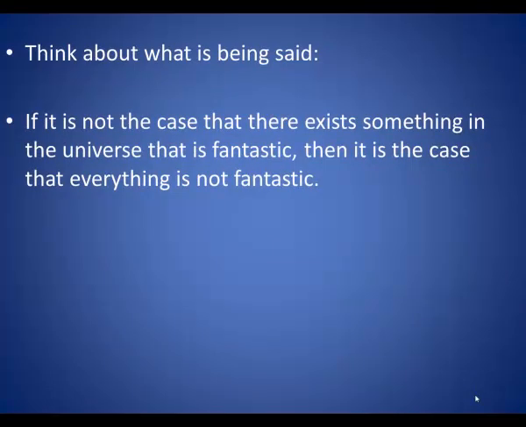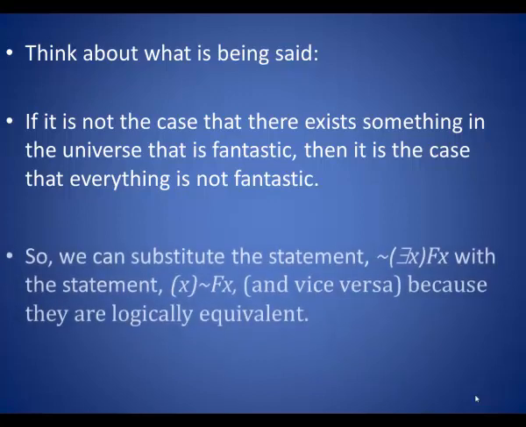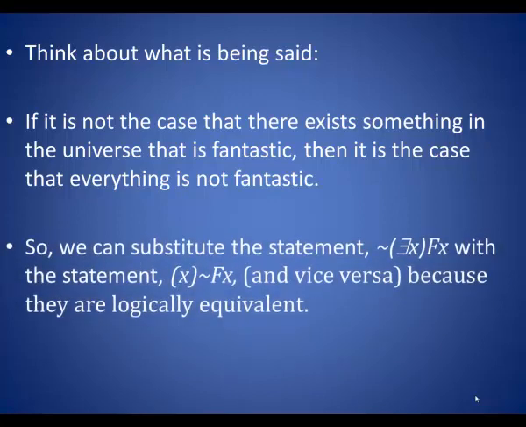Think about what's being said. If it is not the case that there exists something in the universe that is fantastic, then it is the case that everything is not fantastic, right? If it is not the case that there exists one single thing in the universe that's fantastic, then that just means that it is the case that everything is not fantastic.